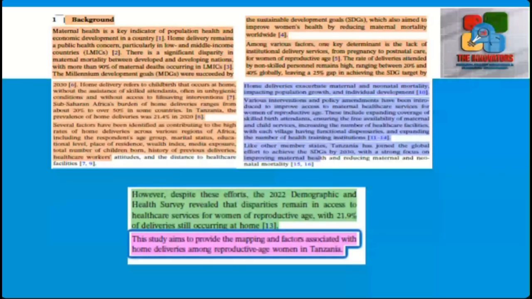So this is stating the gap, why this was important, and it is going to be filled with the objective in the final paragraph. Thank you so much. Let's move to the next.